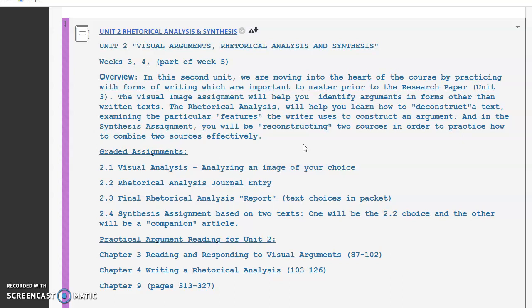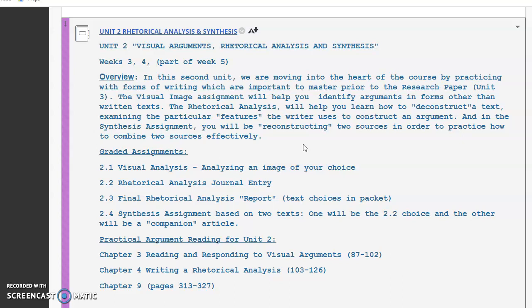Okay, and then when we get into 2.4, that assignment is going to be essentially taking your rhetorical analysis text and matching it up with another text about the same topic, which I will provide to you, and then you're going to write a synthesis. But let's not get ahead of ourselves.